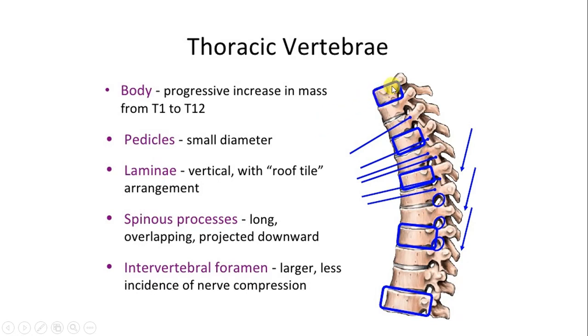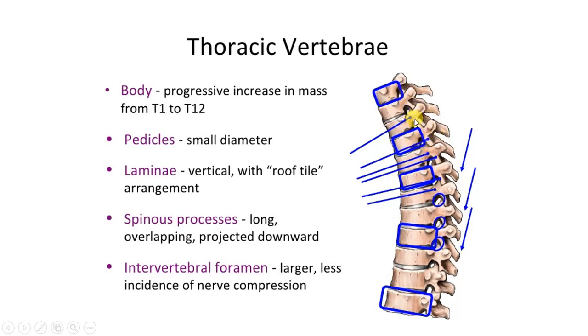So we see that the body of the thoracic vertebra gradually increases in size. The T12 vertebra is fairly large compared to the T1 vertebra.